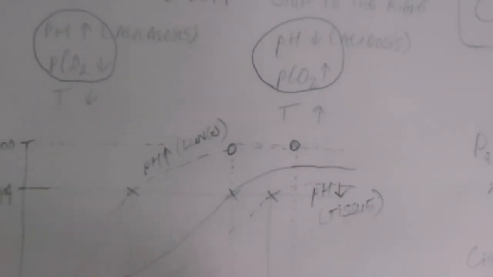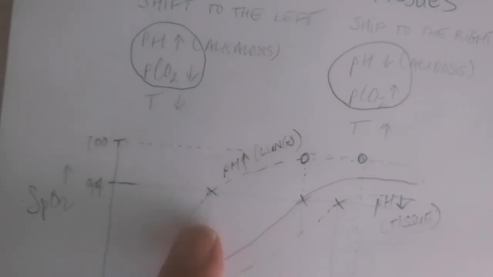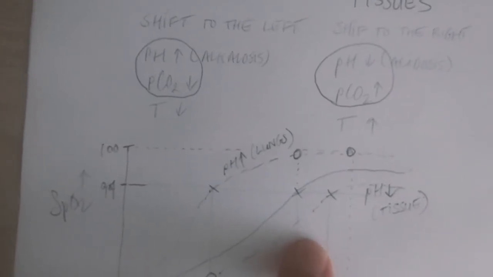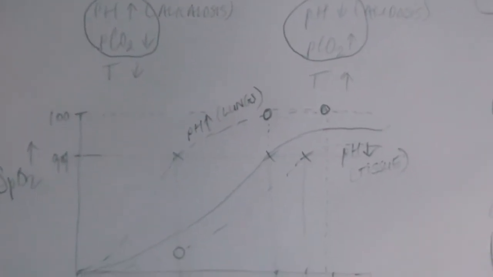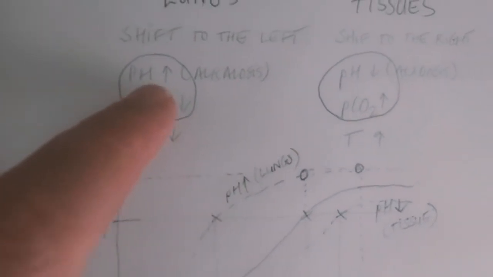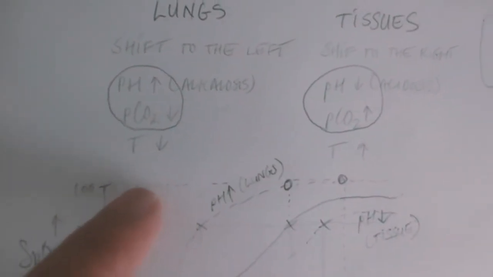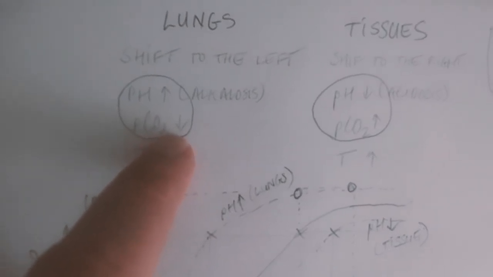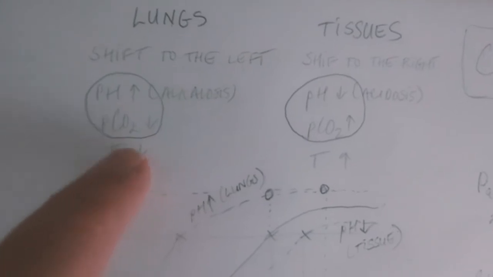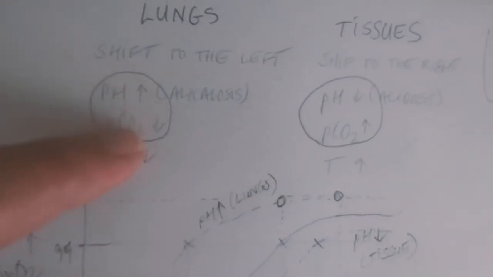On here, the shift to the left means the curve will look like that, and the shift to the right, the curve looks like so. So what does it all mean? Well, a shift to the left will happen when the pH goes up, so it becomes more alkaline, which is equivalent to saying the carbon dioxide goes down, or even the temperature goes down, but we worry more about that for the moment.